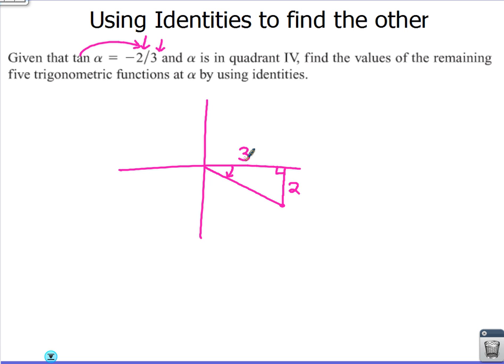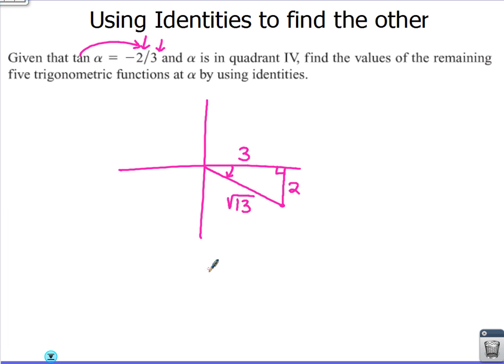By Pythagorean theorem, which notice, didn't we use Pythagorean identities to find this? There is that relationship there. That's where the Pythagorean identities come from. By the Pythagorean theorem, a squared plus b squared is equal to c squared. A squared is 9, b squared is 4, so c squared would be 13, so c would be the square root of 13.